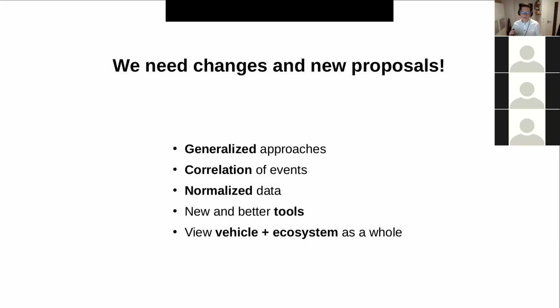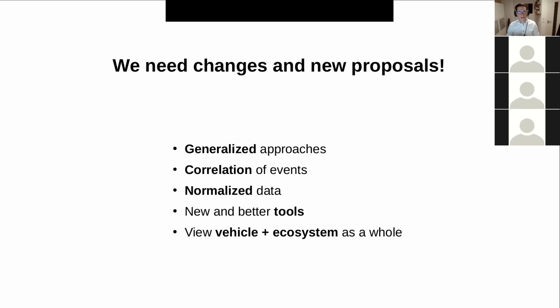But the approaches aren't generalized enough because we are lacking very much in correlation, and correlation is key if we don't have any integrity information on the data we are collecting from modern vehicles. If we aren't able to prove that the data we are collecting is actually the right data due to its integrity or authenticity, we need to correlate it from different sources, from different entities, in order to prove that this information is somewhat true.